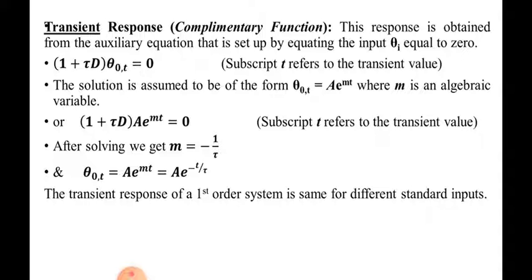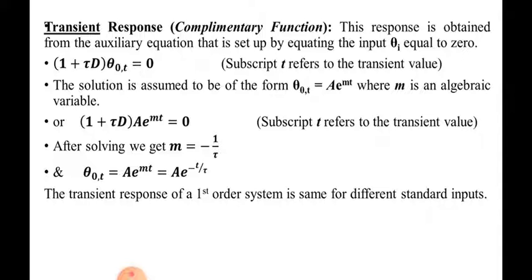Or (1 plus tau D) A e raised to mt equals 0, where the subscript t refers to the transient variable and m refers to the algebraic variable. Now after solving we get m equal to minus 1 by tau.